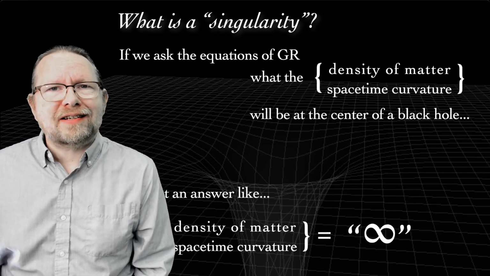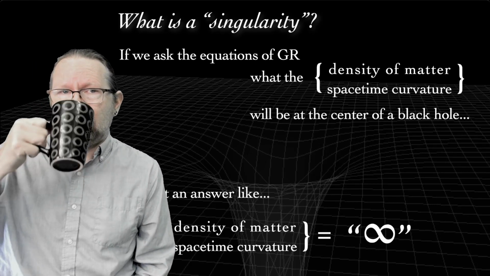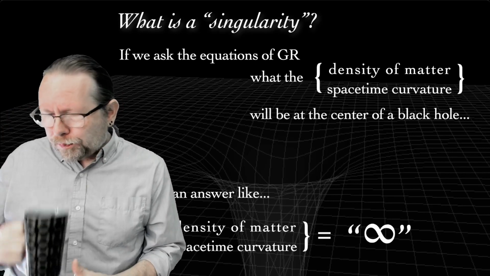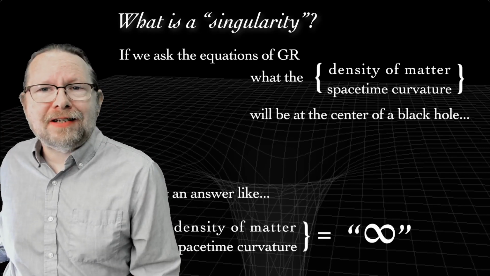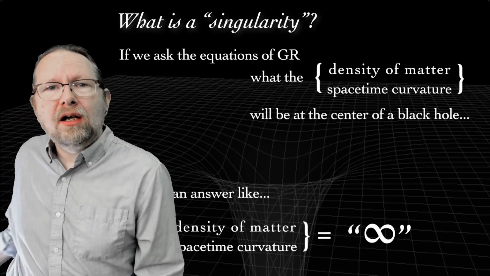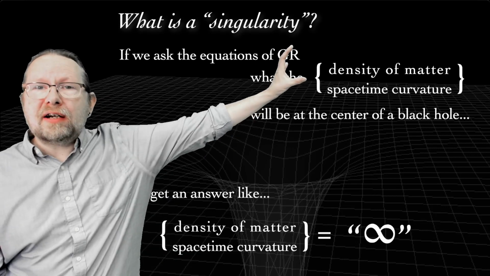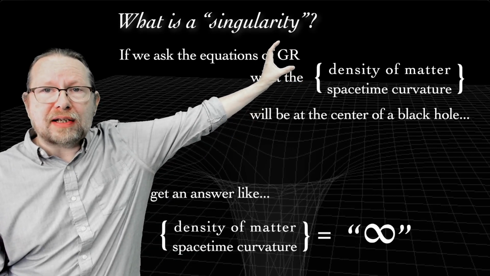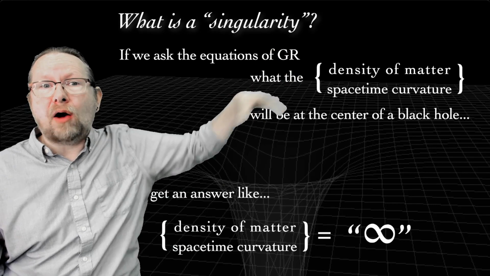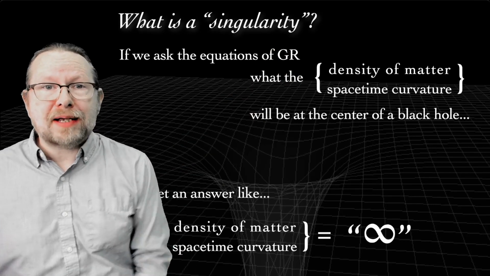How do most scientists interpret this situation? The way most scientists interpret this situation is to say, we have got this theory of gravity called general relativity, which explains very well how very massive objects curve space.